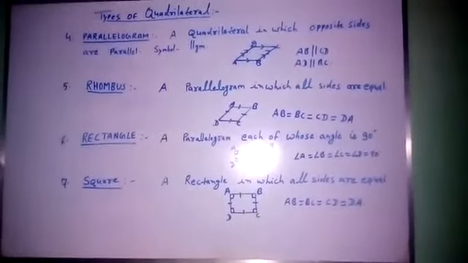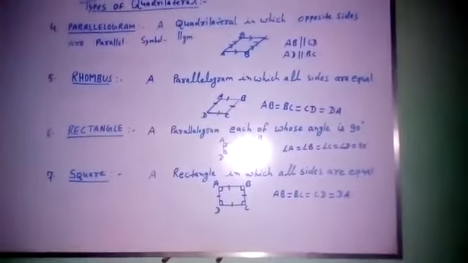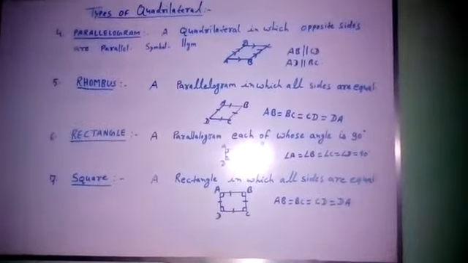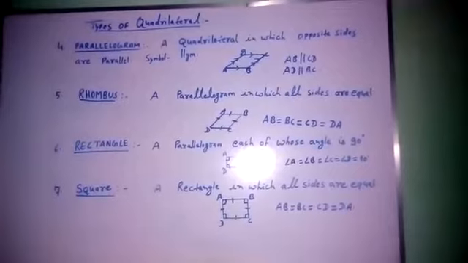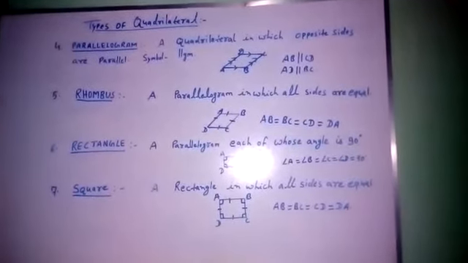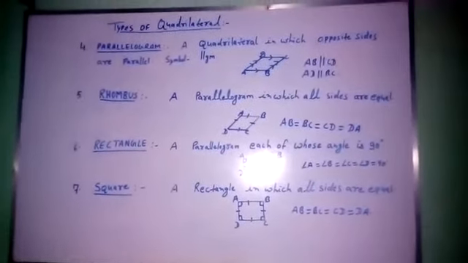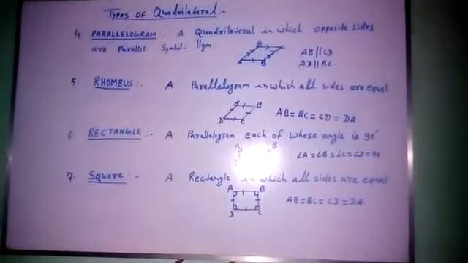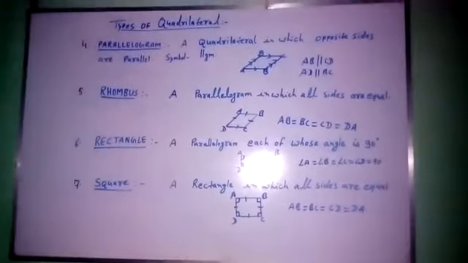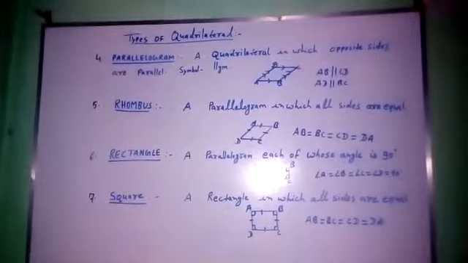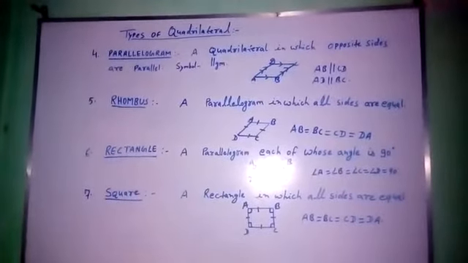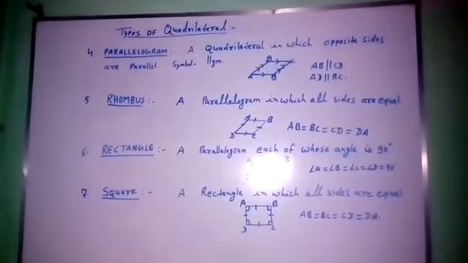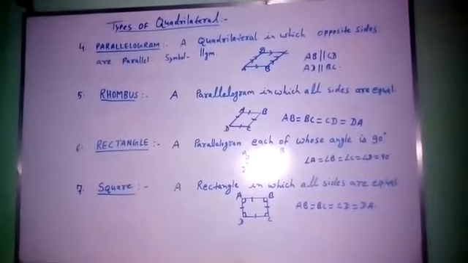The next definition is rectangle. Rectangle, a parallelogram each of whose angles is 90 degrees. Again I repeat, a parallelogram each of whose angles is 90 degrees. It means it is also a type of parallelogram.